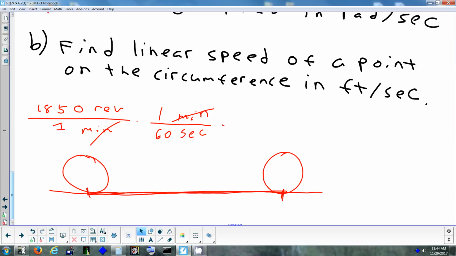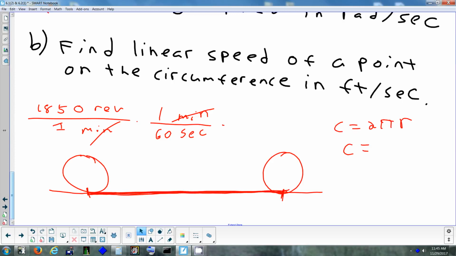The bigger the tire, the farther it's going to roll. Think of a really, really small tire, something like a pen. If it makes one revolution, it doesn't roll very far. So what we want to find is the circumference of the tire, because that distance tells me how many feet in one revolution of the tire.